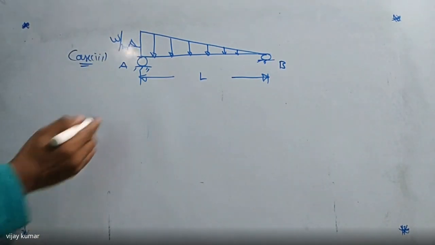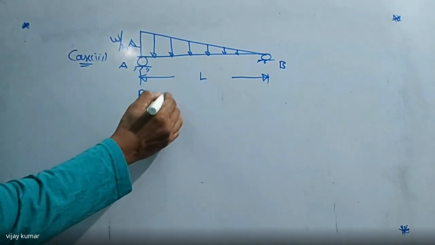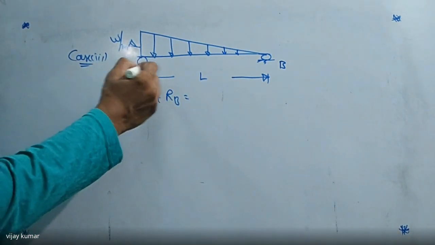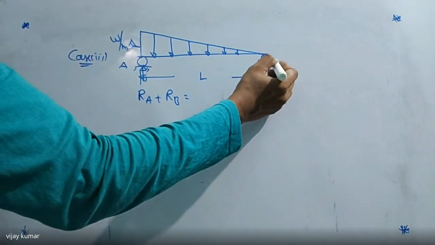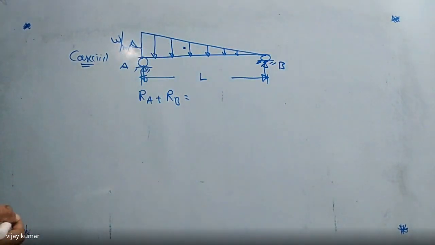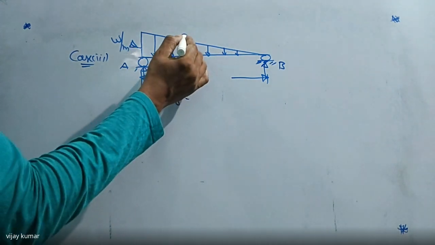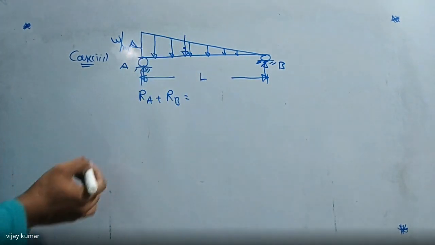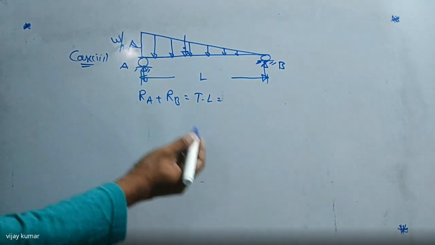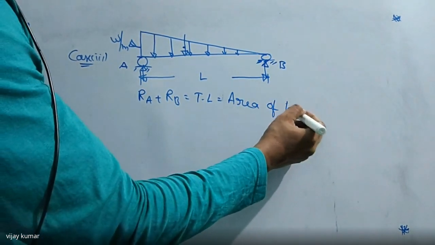So here I'm taking this one as RA. RA plus RB are two upward forces, both acting in the upward direction. Now, what is the total load on the beam? This load is always acting in the downward direction. The total load is equal to the area of the loading diagram.